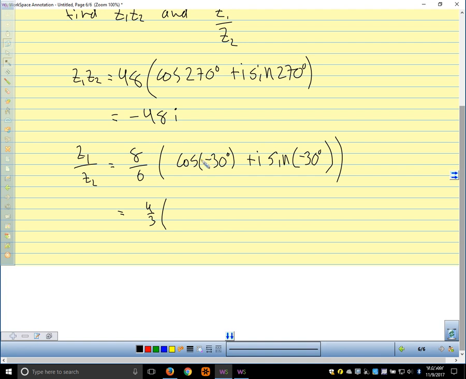Cosine of negative 30 is square root of 3 over 2. And the sine of negative 30? Minus 1/2 i. And so when I distribute, I get 2 square root 3 over 3 minus 2/3 i would be those two numbers divided.